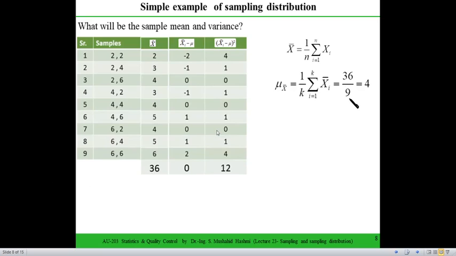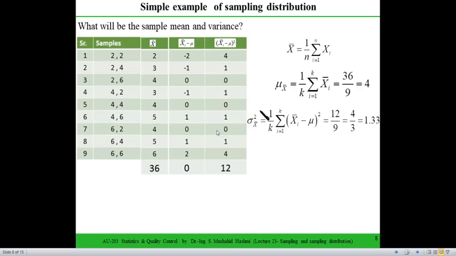Then 4 would be your mean of the sample means. Similarly, we can work out the variance of the sample mean, which is how it varies with the mean value. Take this difference squared, and you are going to get this sum of 12, and this 12 divided by k, that is 9, would be your sample variance.